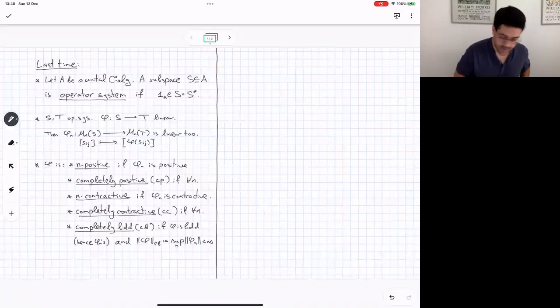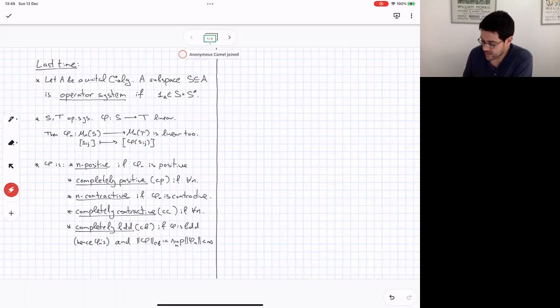So let's start. Let me remind you what we did last time. We started our discussion about operator systems. I remind you that we fix a unital C-star algebra A, and then any subspace S in A is called an operator system if it contains the identity element of the C-star algebra, and if it is self-adjoint.